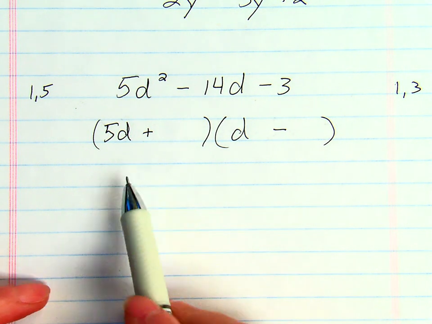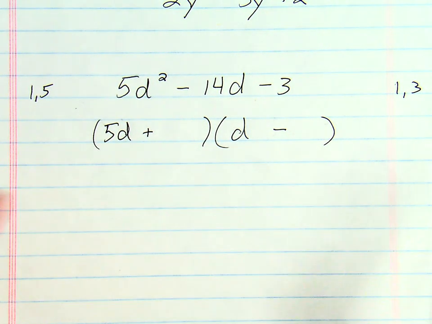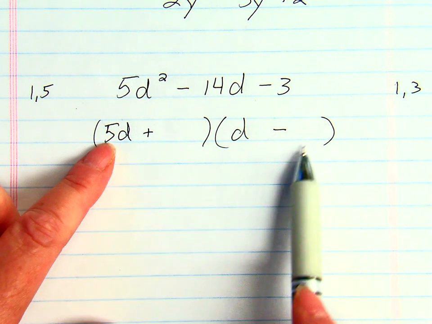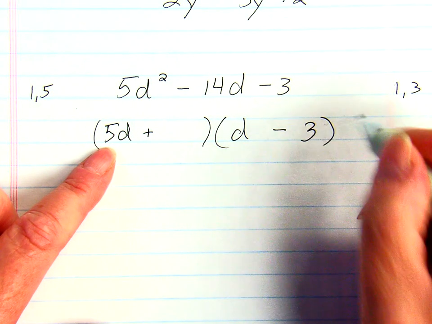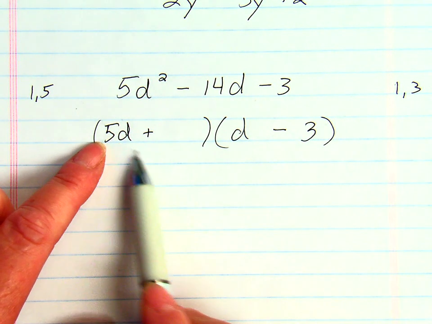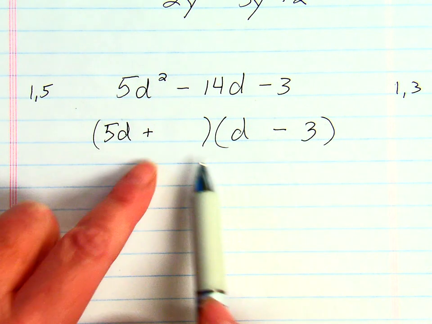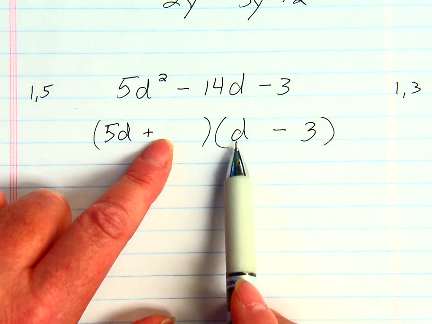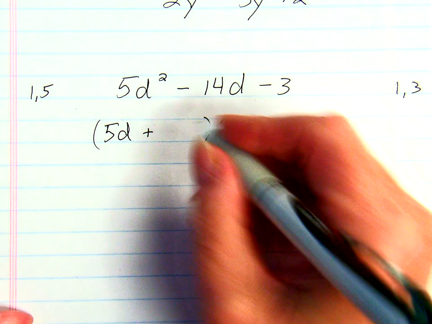Luckily I'm going to be okay, because I need my 3 to be negative. That way, when I put this together, I have negative 15d, and then a positive 1d. So I think we're going to be okay, but sometimes I go a little fast and I really should learn to slow down a little bit.